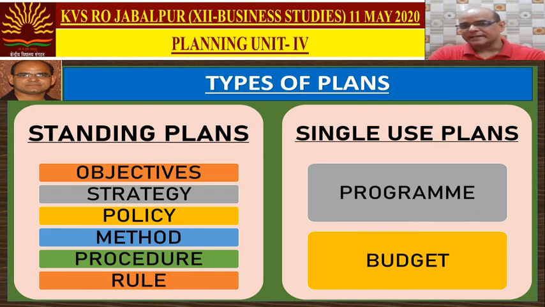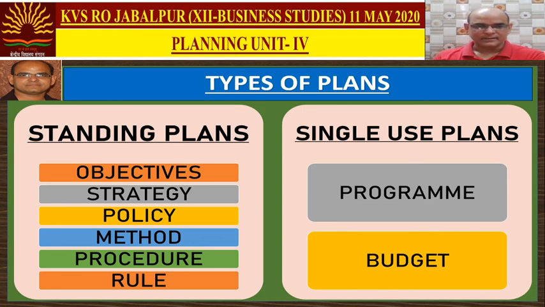Number two, strategy. How to make the annual day program successful, a detailed plan, a detailed program we make, and that is called strategy. And we also try to see that our annual day program is better than other schools' annual day programs. In that way it is a strategy also, and we also do allocation of resources in it.